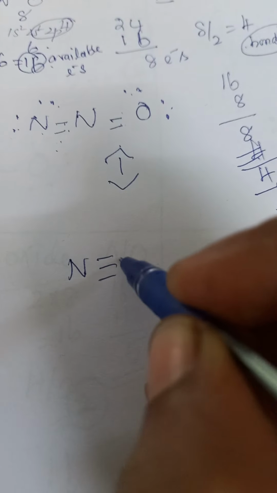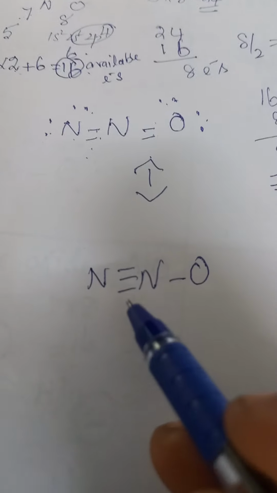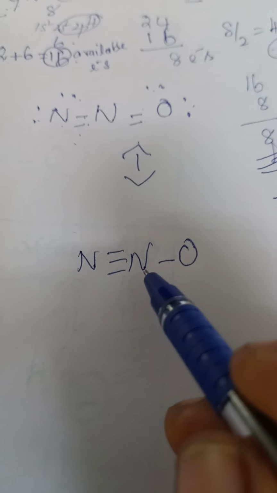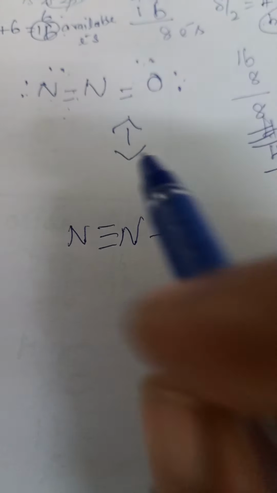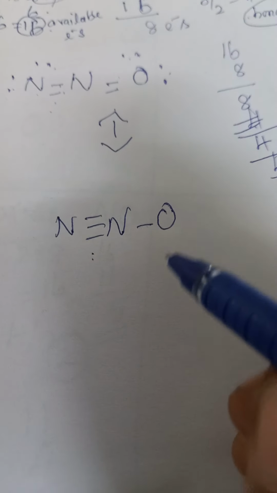Now I can write the resonance structure for this. N triple bond N, then O. Why am I not writing a triple bond here? Because oxygen is divalent, nitrogen is trivalent. So I am writing a triple bond here, single bond here. Other way of writing this one: 4 bonds we have to satisfy. So 3 bonds and 1 bond.